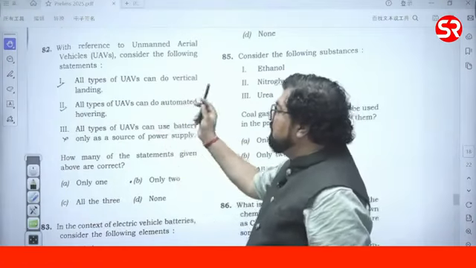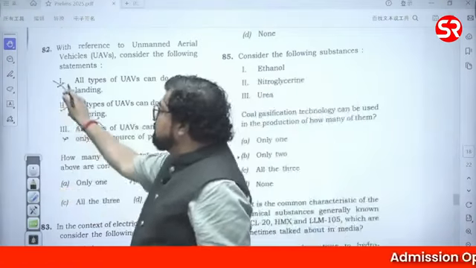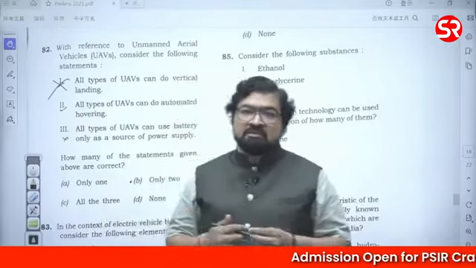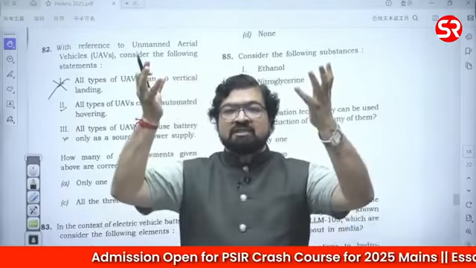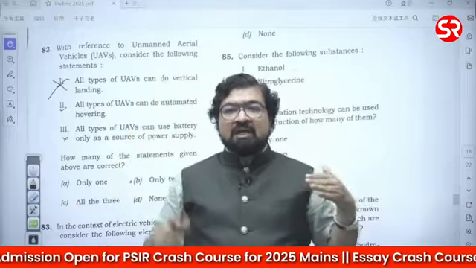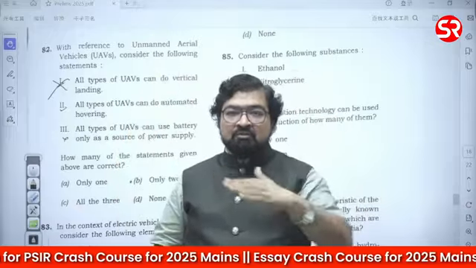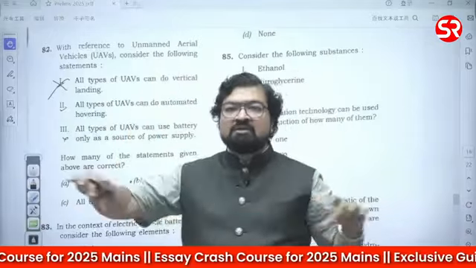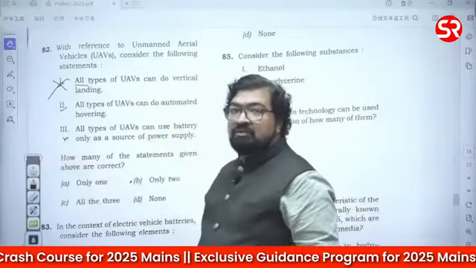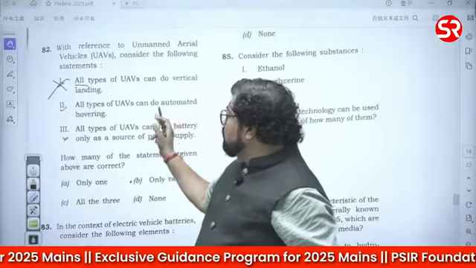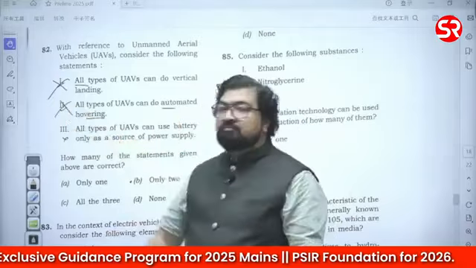All types of UAVs can do vertical landing. That's wrong. There are two types of designs. One is a helicopter kind of design, which with its wings can go up and hover in the air. And the second is a mini aircraft, which can take off and land on a mini strip or runway. So 'all' is wrong. Now, all types of UAVs can do automated hovering is wrong.